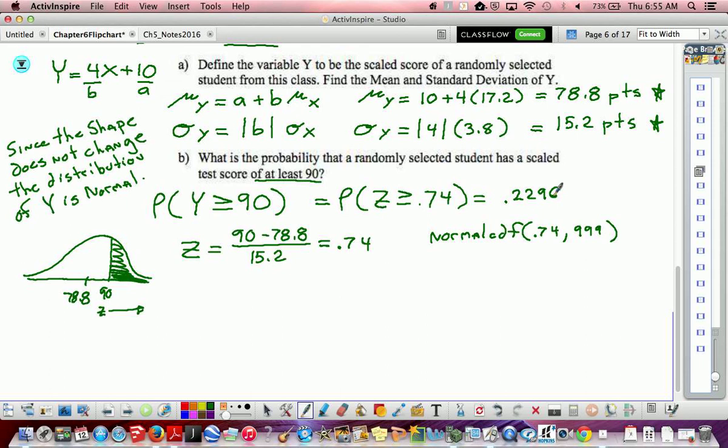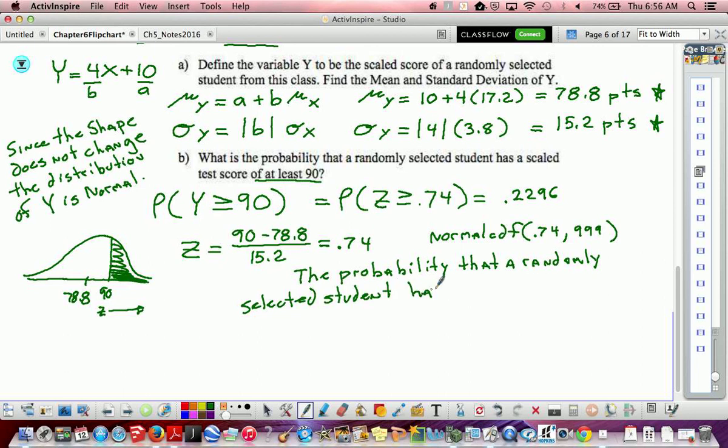So we can now answer the question, the probability that a randomly selected student has a scaled test score of at least 90 is 0.2296.